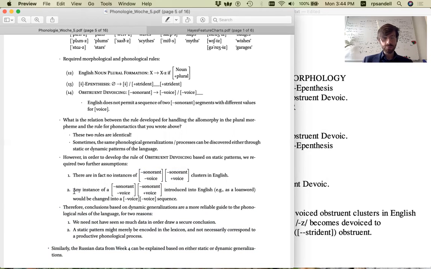And finally, one would also want to see that if, for instance, a loan word, a borrowed word into English from another language did contain such a cluster, the phonology of English would change that cluster of a voiceless obstruent followed by a voiced obstruent into a cluster with two voiceless obstruents.